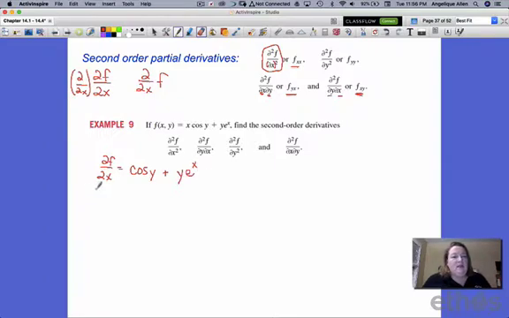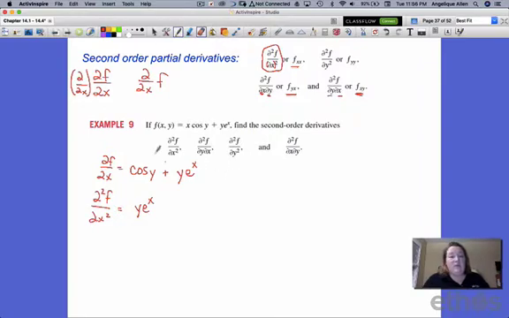Okay, so if I do the second derivative of f with respect to x both times, see, I have the habit that I want to draw the parentheses, but you don't have to. Okay, again with respect to x. Well, now this is just a constant, so its derivative is 0, and y is a constant multiplied by my function e to the x. Derivative of e to the x is e to the x. So there's our second order derivative.